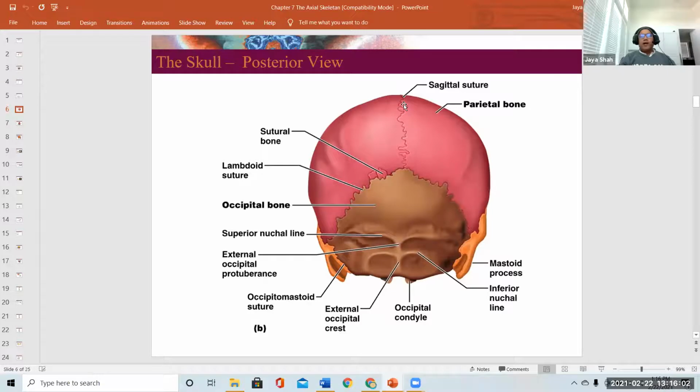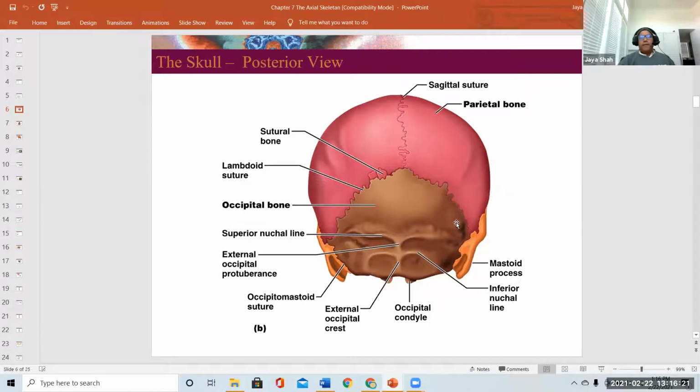So sutures are also named by the lines. Sagittal suture, which is in the sagittal plane. Then you have a lambda-like structure. This is called lambdoidal suture.